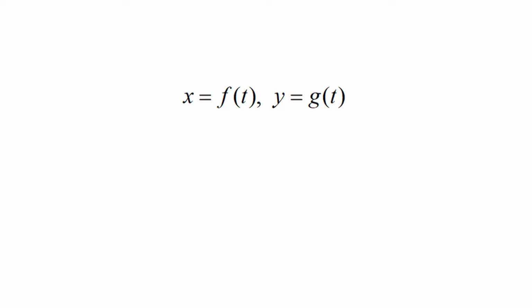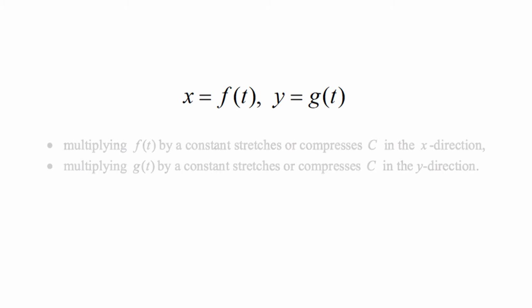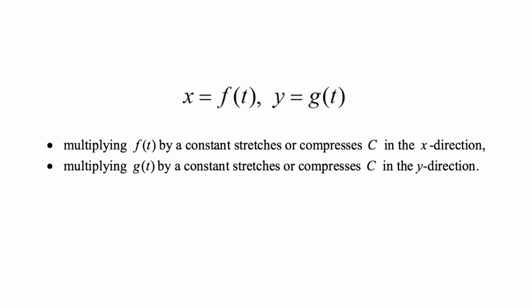That is, if a parametric curve C is given by the equations x = f(t) and y = g(t), then multiplying f(t) by a constant stretches or compresses the curve C in the x direction, and multiplying g(t) by a constant stretches or compresses the curve C in the y direction.